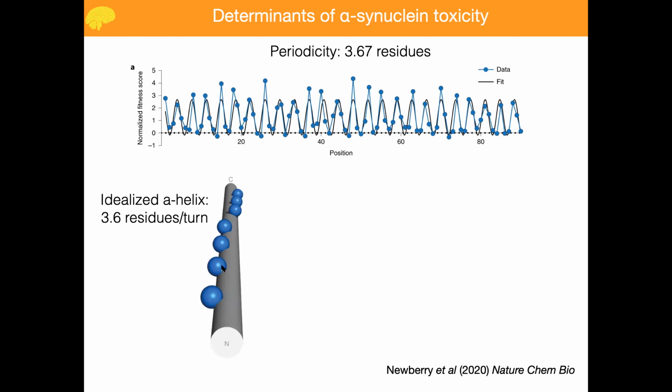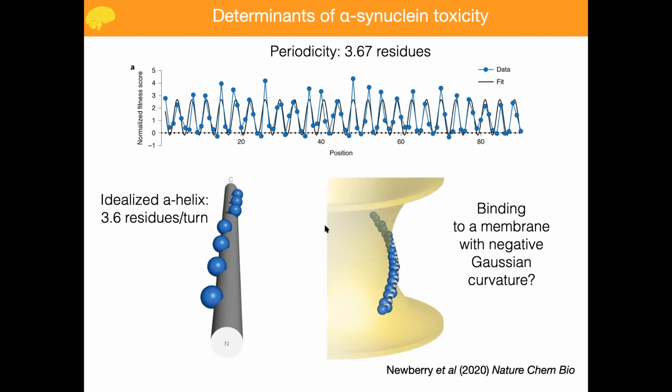And so to put this on a planar membrane, you'd actually have to introduce some strain in the helical turn of the alpha helix. However, of course, one model that would satisfy that is if the helix indeed binds to a curved membrane, in particular, a membrane with a negative Gaussian curvature.